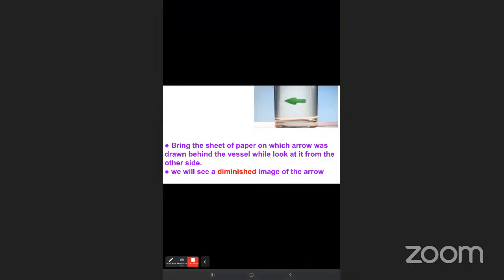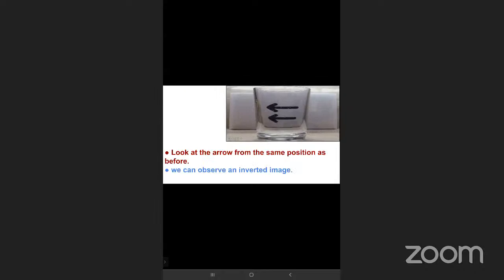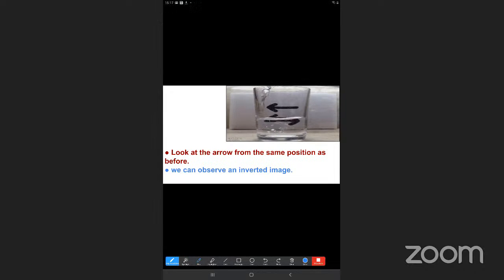Now, ask your friend to fill the vessel with water. Now look at the arrow from the same position as before. So we can observe an inverted image. In this situation also the paper is behind the glass only.